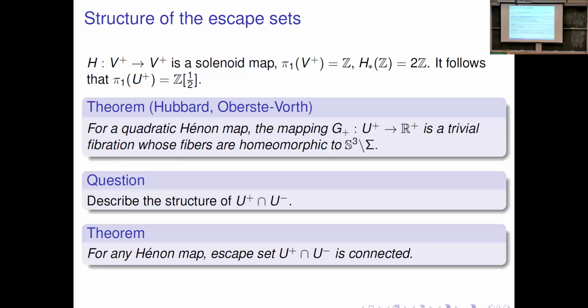Let me just draw it. This is G minus equals R, and when we have this leaf, we have countably many level sets G minus equals R, and G minus equals 0 has to live inside.